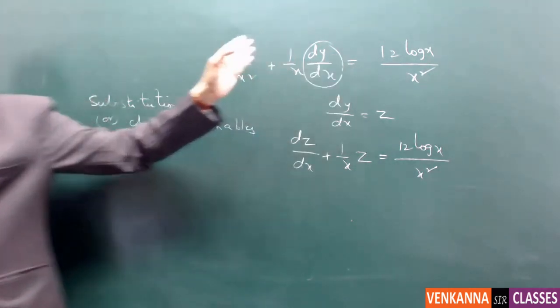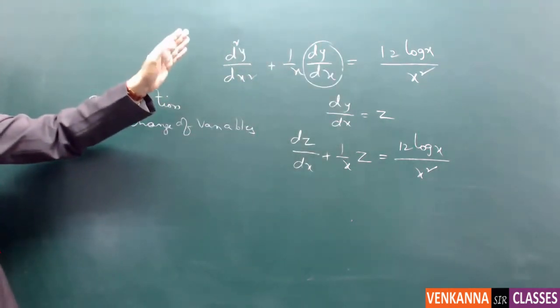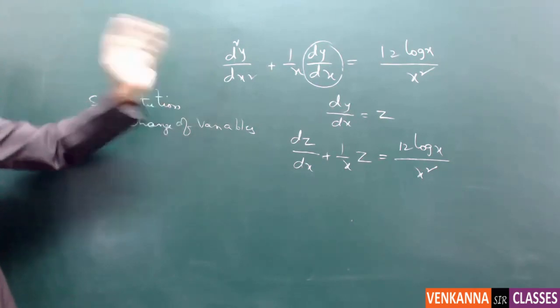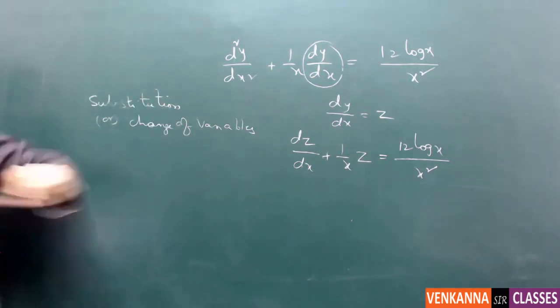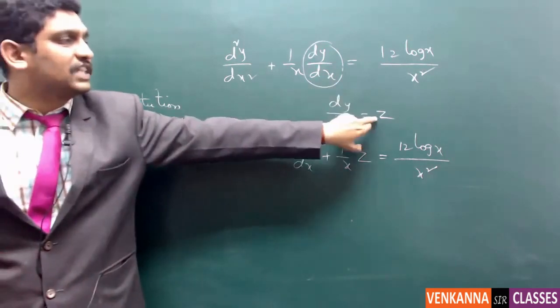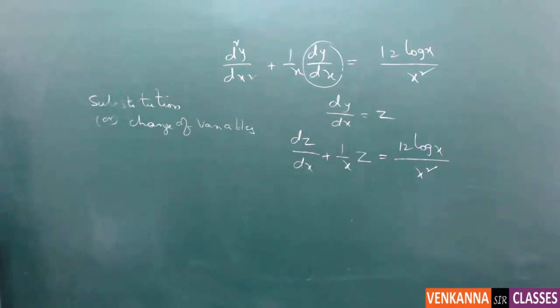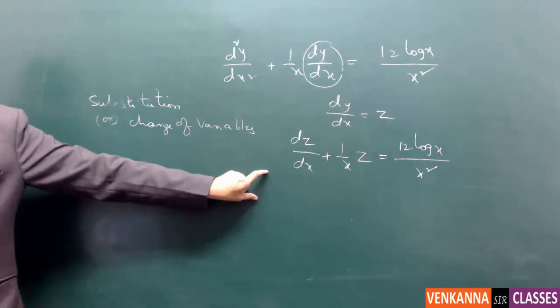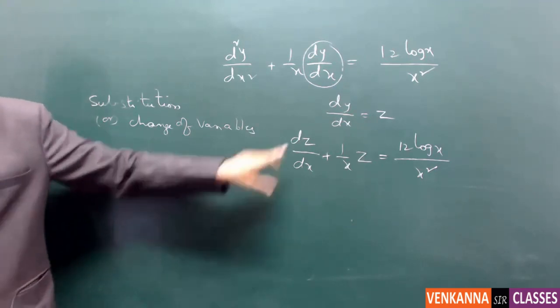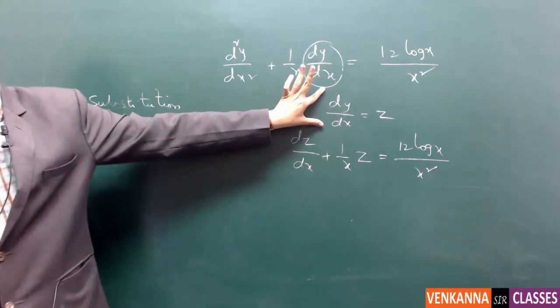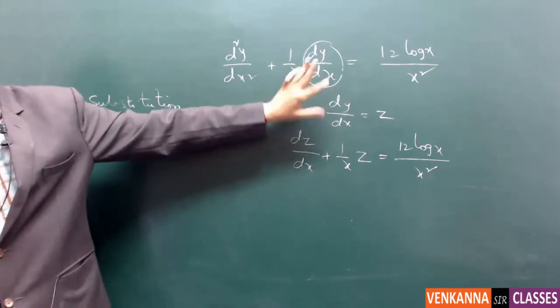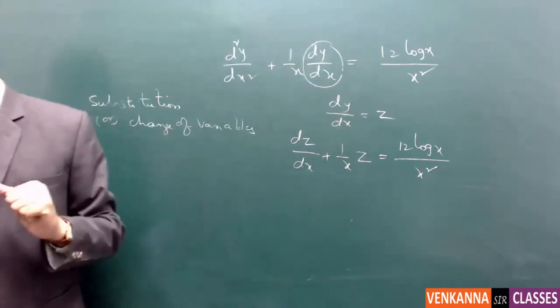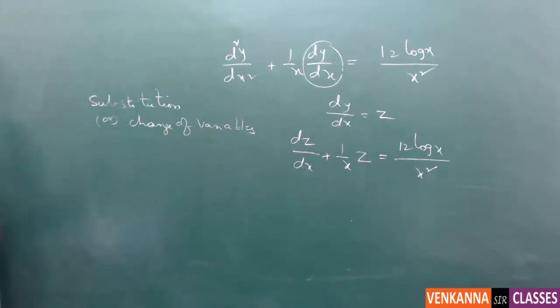So we can say that the equation is reducible to linear form by taking the differential as z. Fine. Now what happens, once the solution is obtained, then in place of z, you need to put dy by dx. Again, you have to integrate. That was the typical thing here.